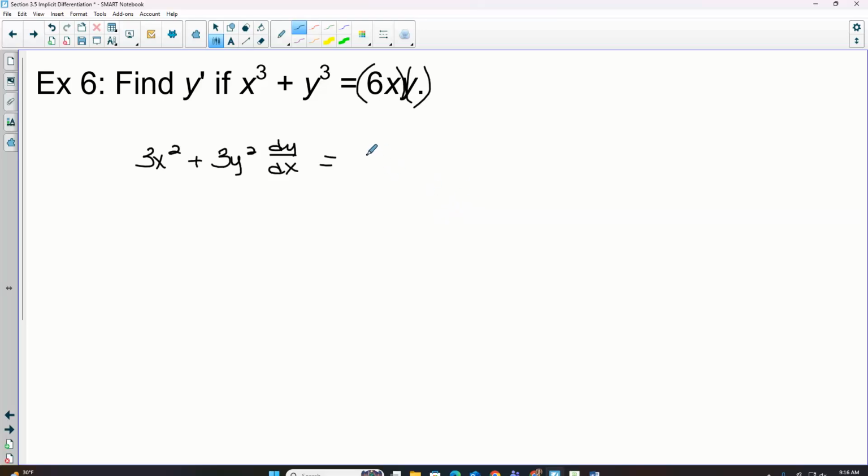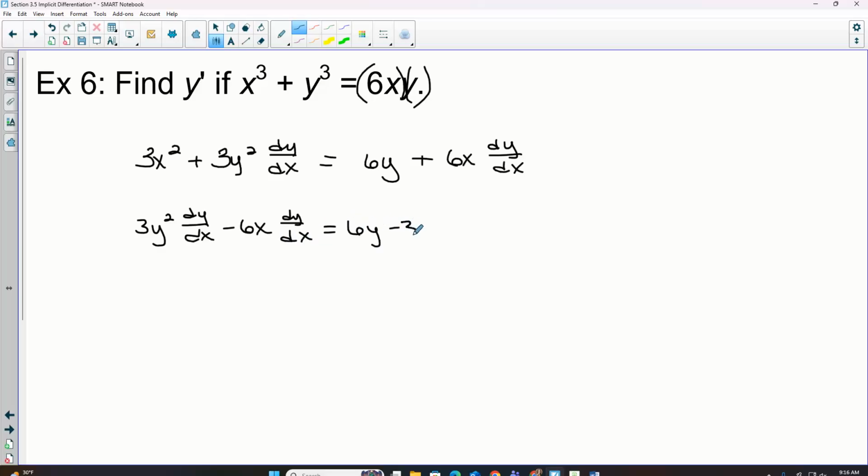So derivative of the first is 6 times the second plus the first times the derivative of the second. Derivative of y would be dy dx. Right, I need my dy dx's on the same side. So I can subtract over my 3x squared here.